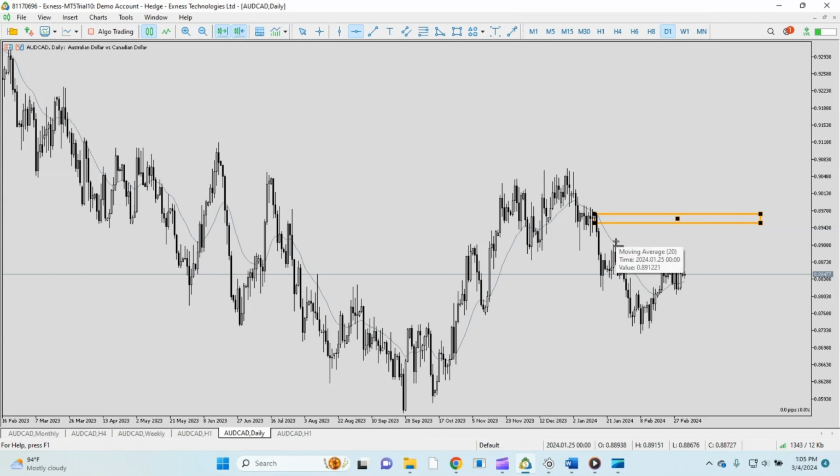Then we have, I think there is a break in structure from here. There is a break in structure from here. So the market has already retested here. So we are anticipating the market will retest this area for us to sell.